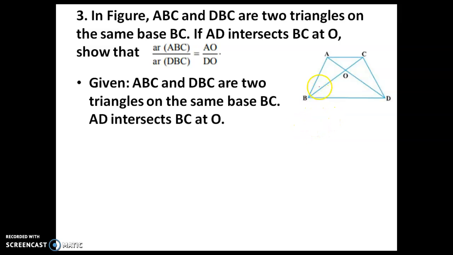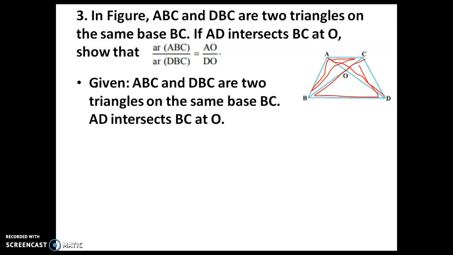This triangle ABC, A, B, C, is to the area of this triangle DCB. This ratio AO is to DO, we have to show.